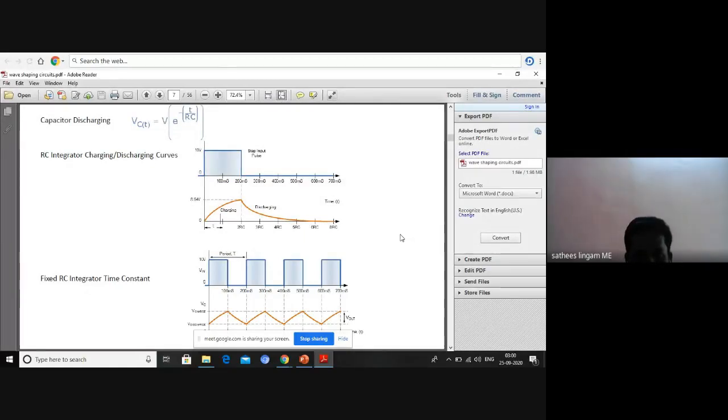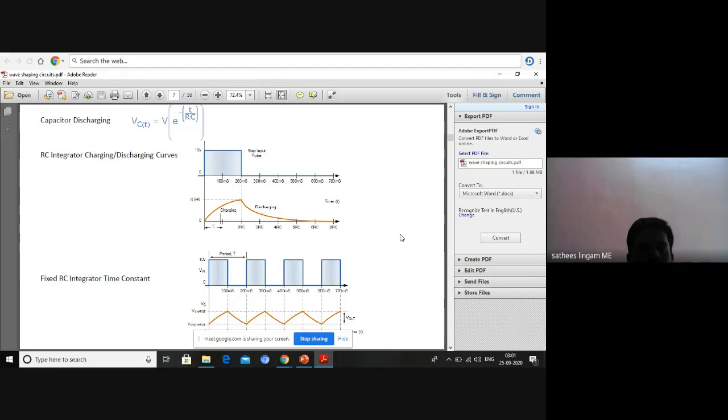When taking the output across the capacitor, you could find that the charging time is very less and the discharging time is very high, like a pulsating AC. But it is not complete because the shape is changing. This is not ultimately used for us.